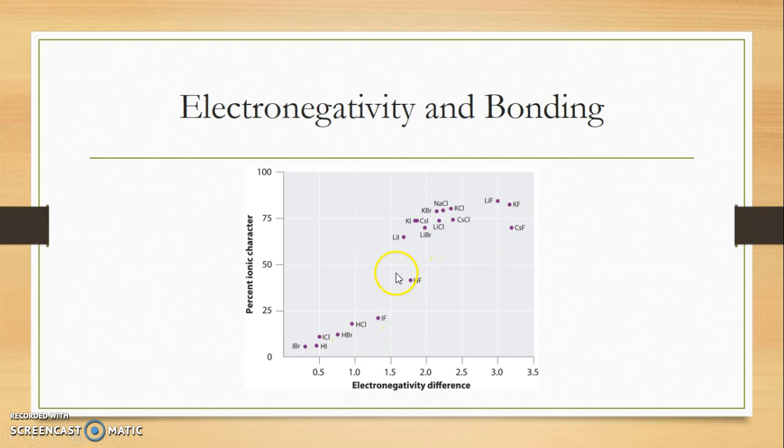There are some in the middle that have some covalent properties and some ionic properties. That's a bit complicated; you might deal with that in first year uni. But you can certainly see that a low electronegativity difference is covalent, a high electronegativity difference is ionic.